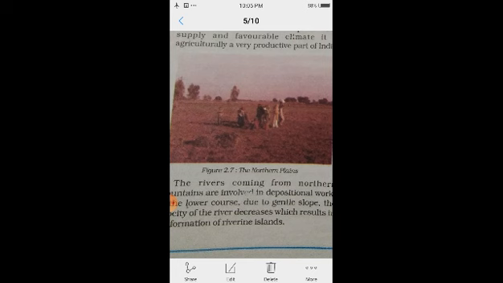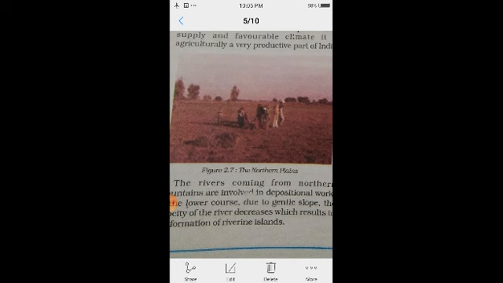In the lower course, due to the gentle slope, the velocity of the river decreases, which results in the formation of riverine islands. Which type of island forms here? That is riverine island.